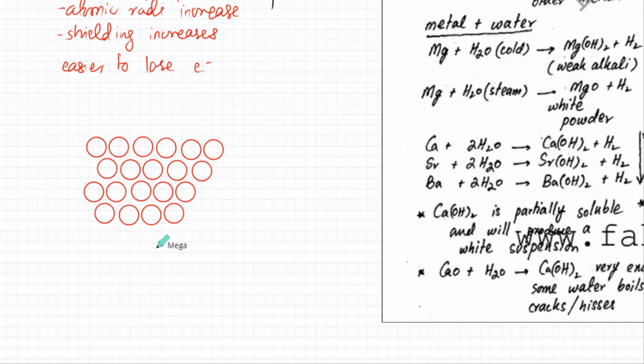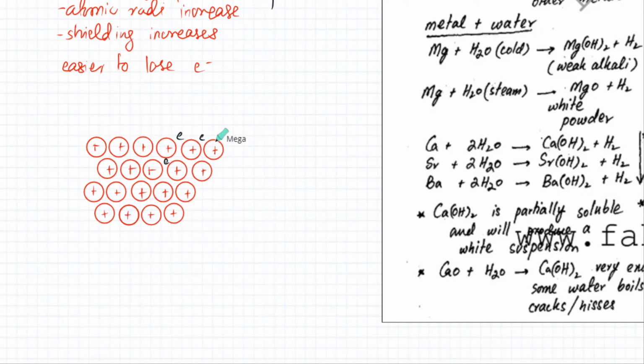So your metallic bonding looks like this. It's a bunch of positive ions, all of them positive ions, that have lost electrons, and they form these metallic lattices. And the electrons that are lost are all delocalized.